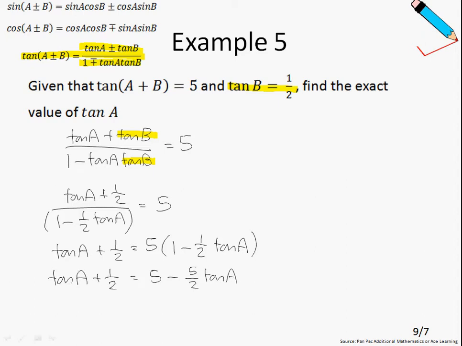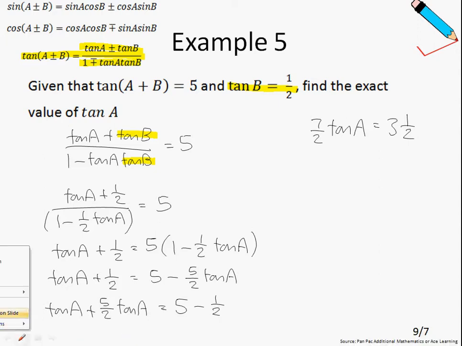And from here, shift all the terms that contain tangent A to the left hand side of the formula, and shift the terms that do not contain tangent A to the right hand side of the equation. From here, okay, let me just continue on the right hand side of the screen. So I'll just get 7 over 2 tangent A equals 3.5.